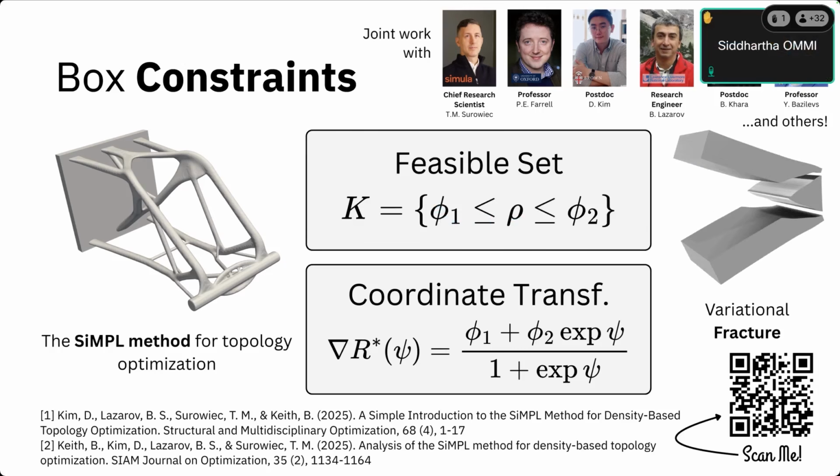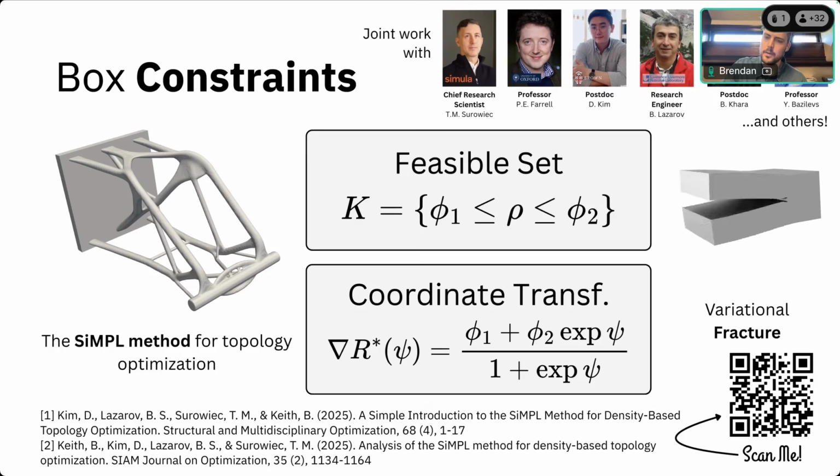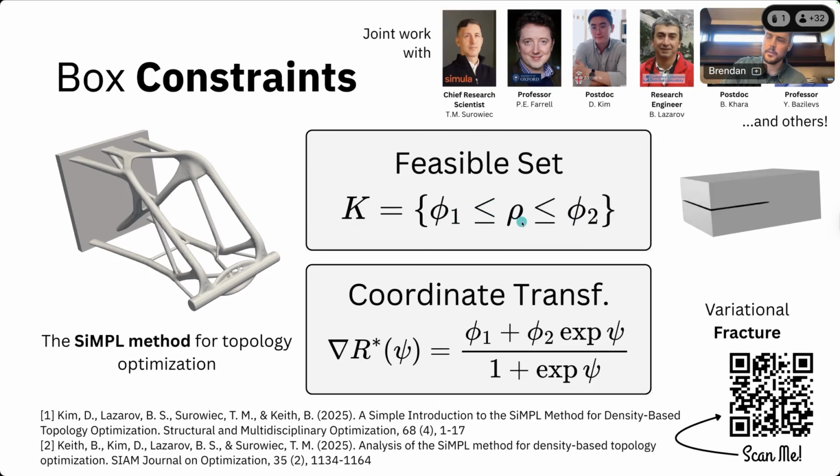Typically there are two constraints: one is that rho has to be between 0 and 1, but also rho has to keep on increasing. The feasible set ends up being the intersection of the two sets, and the intersection can be described like this, where phi1 is the previous value of rho, rho k minus 1, and phi2 is just 1.